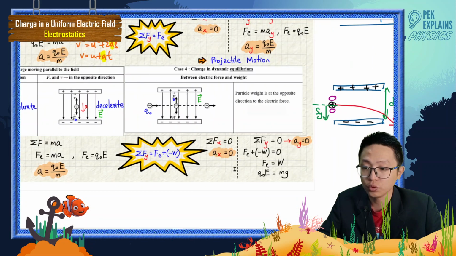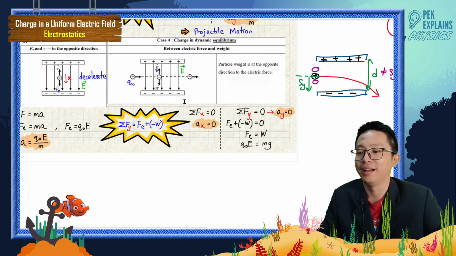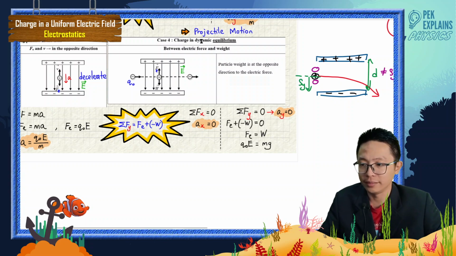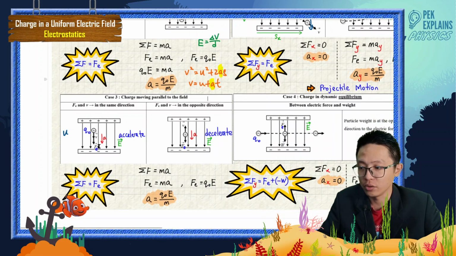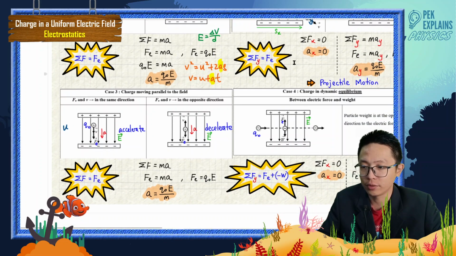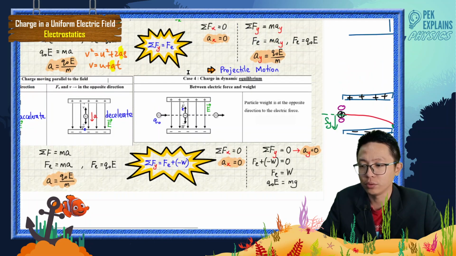Now, what if you have two forces and both forces are equal? A dynamic equilibrium must have two forces equal but in opposite directions. Now you have the electric force and the weight. Last time we didn't consider the weight, isn't it? Only the electric force. Now you have the weight. What will happen?